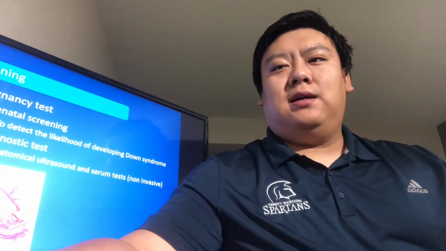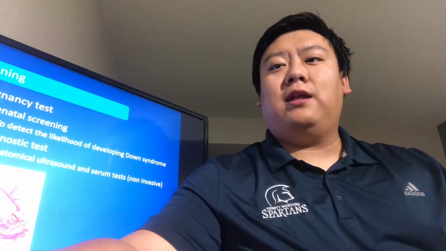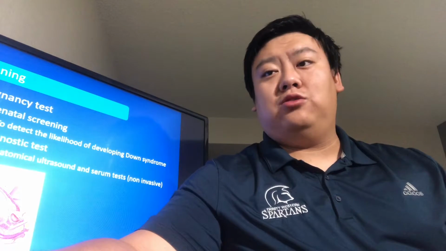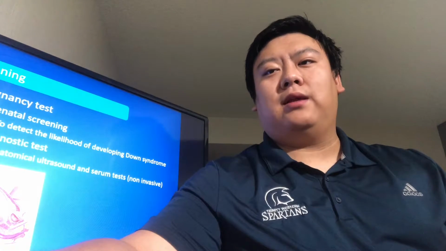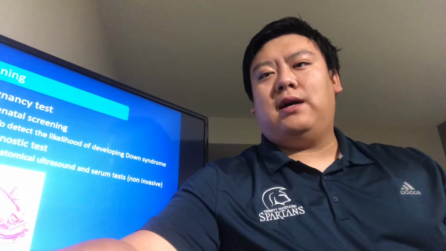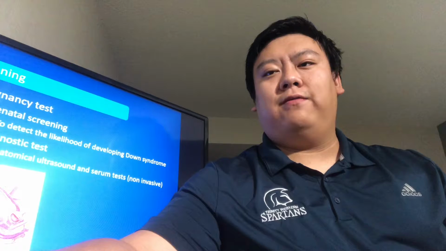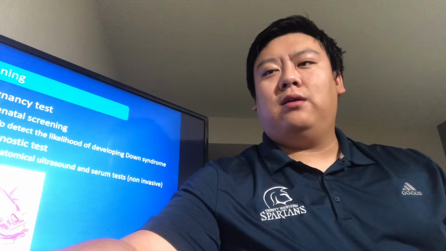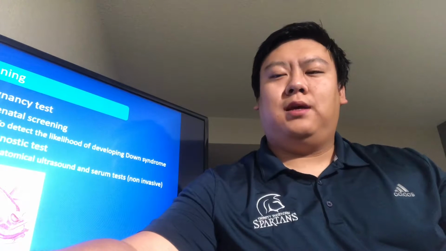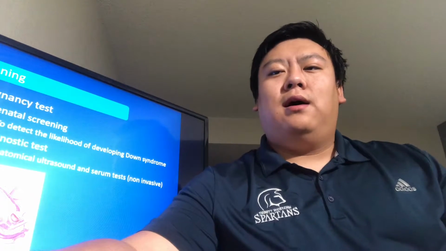The pregnancy test can effectively identify any problems. Healthcare professionals are able to check for Down syndrome by using prenatal screening tests and diagnostic tests. Prenatal screening tests can detect a likelihood of developing the syndrome, and prenatal diagnostic tests can determine if Down syndrome exists with data.